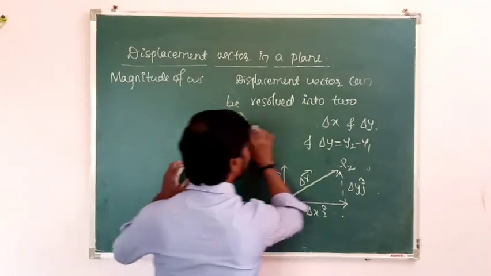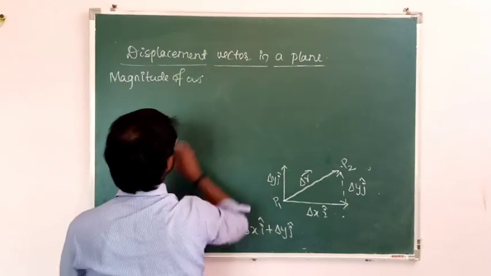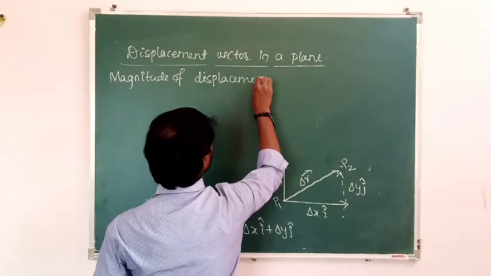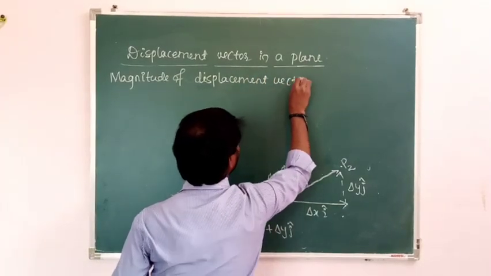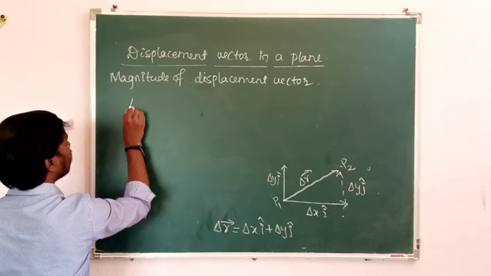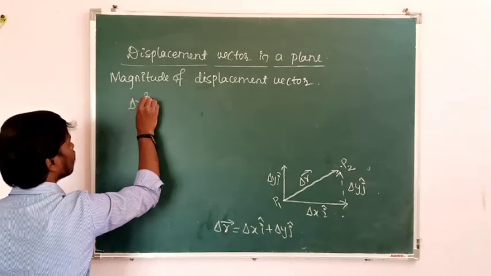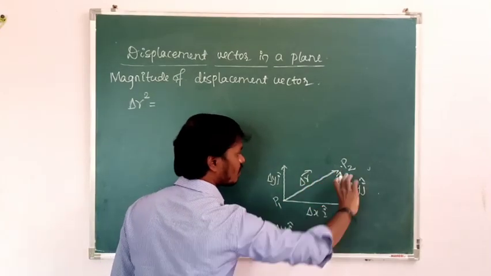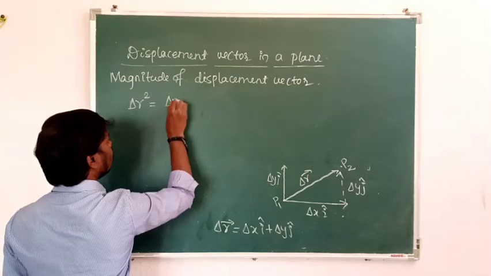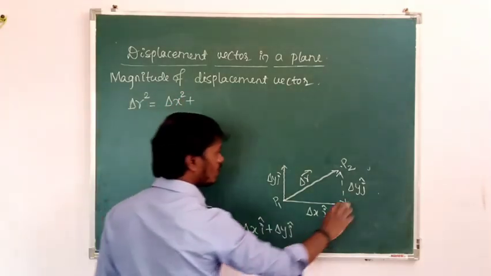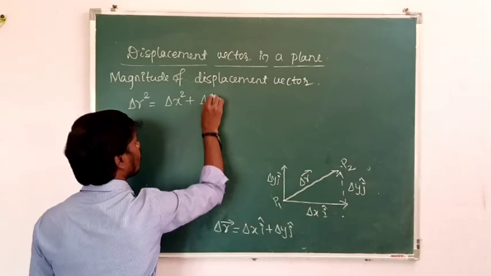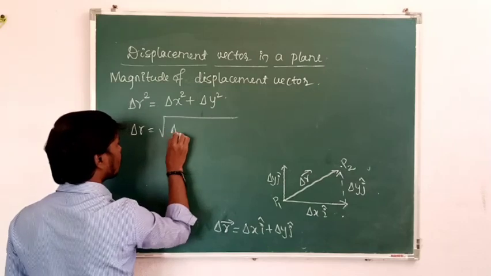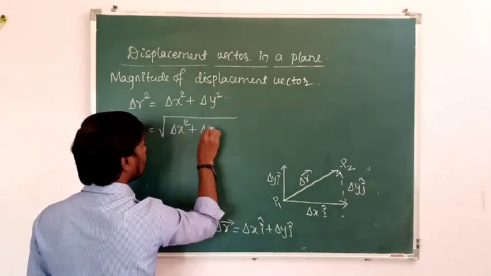So delta r square is equal to hypotenuse square, which is equal to the sum of adjacent square and opposite square. Adjacent square is delta x square, then opposite square is delta y square. Then delta r is equal to the square root of delta x square plus delta y square.